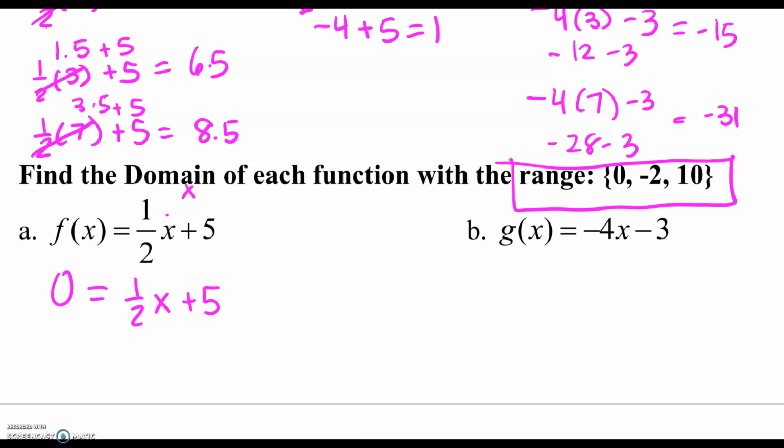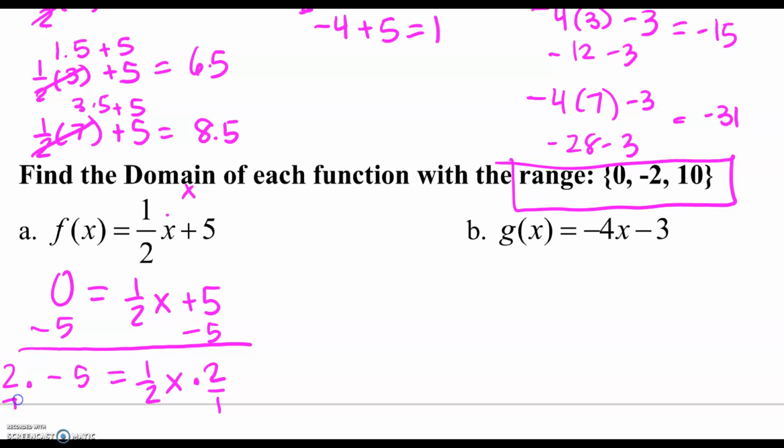To solve this one for x, I would subtract 5. Then I have -5 equals 1/2 x. So x times half, that's a fraction, so I multiply by the fraction upside down, or the reciprocal. And I get x equals -10.